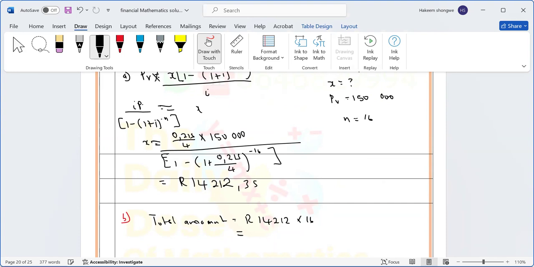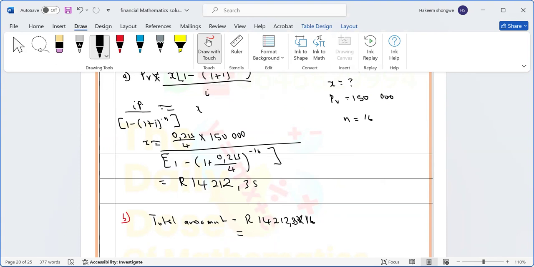Now, what is this? This is the total amount that Jenny is going to pay. For 16 different payments, it's going to be a lot.